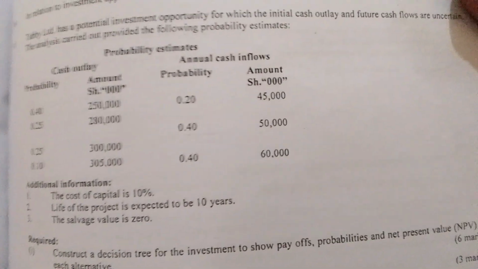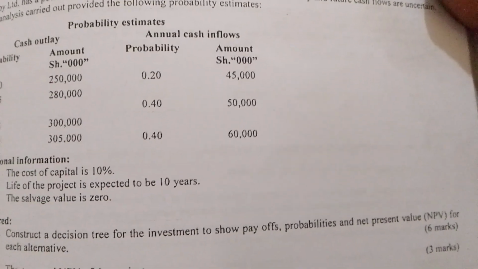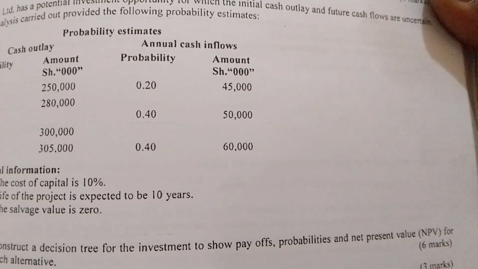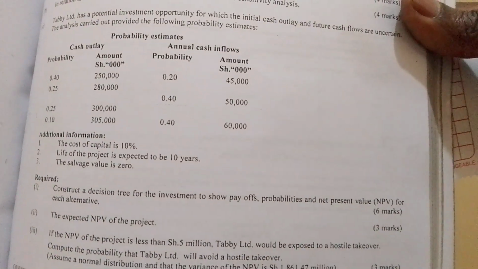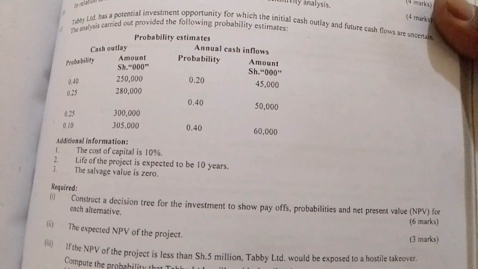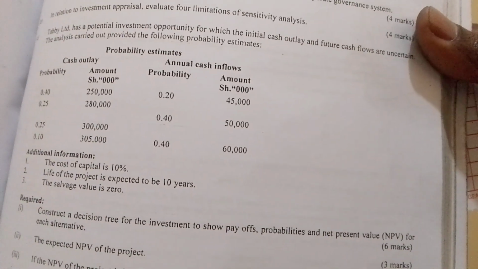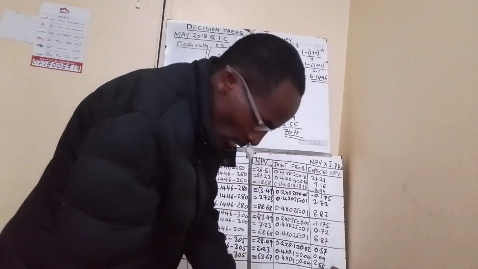Annual cash inflows with their respective probabilities 0.20, 0.40, 0.40 again, amounts 45, 50, 60. Okay, those are annual cash inflows with their respective probabilities. So move on to this part here.